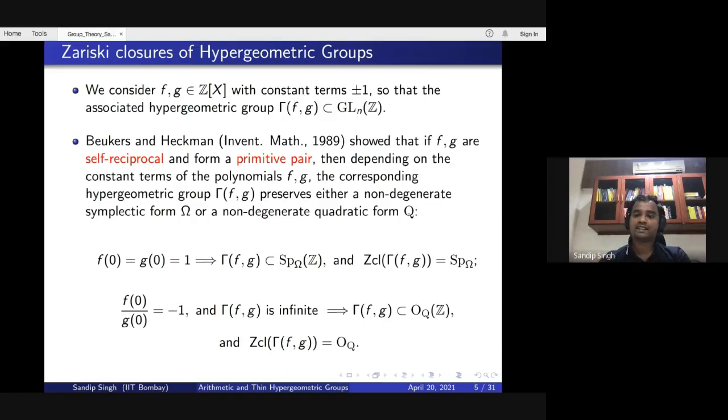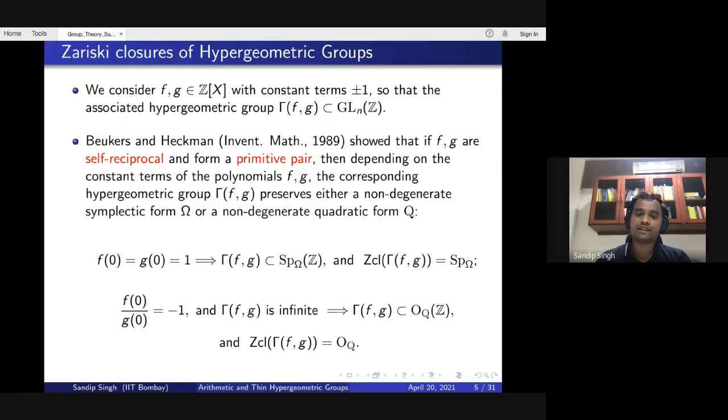So if you get one non-degenerate bilinear form preserved by gamma, it preserves a unique bilinear form up to scalar multiple only. Since it preserves B, it will preserve B transpose also. So B transpose has to be some scalar lambda times B, and from there we get that lambda has to be +1 or -1.